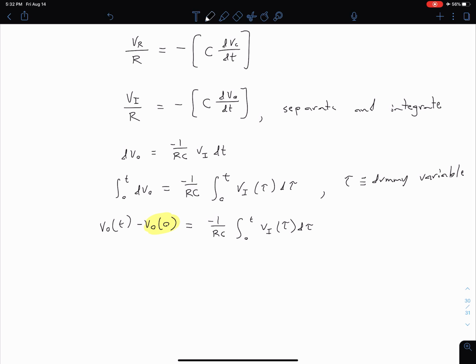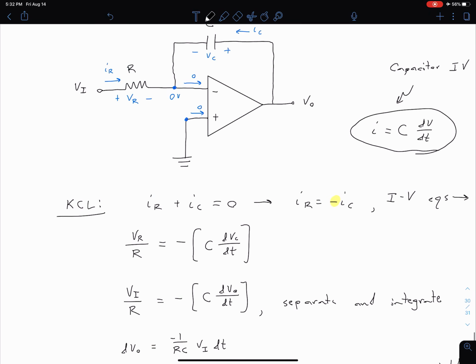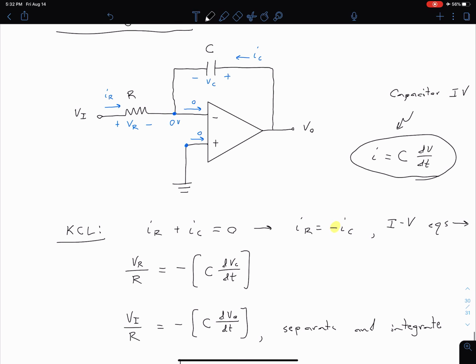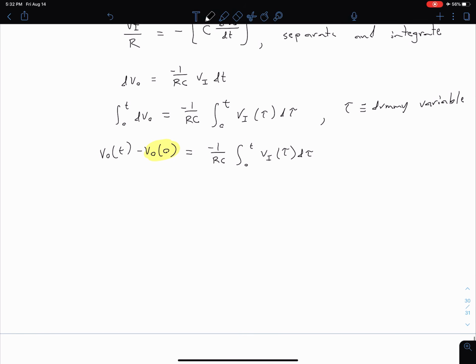The way we can get around this is if we always discharge this capacitor before each use, then that voltage at time 0 is going to go to 0. Discharging the cap before each use means that V out of 0 should always be 0, so we're always starting with an initial value of 0.